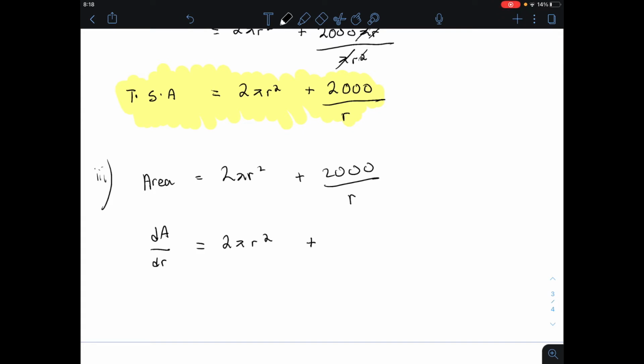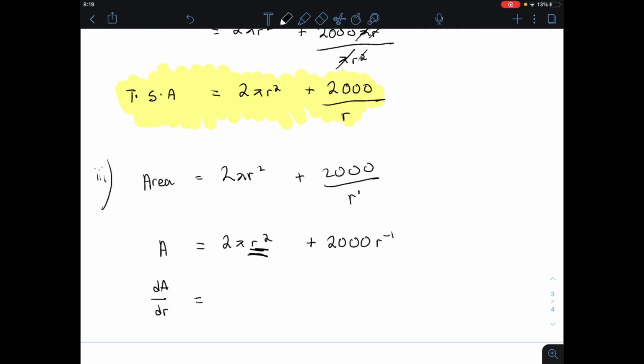First off, when deriving my equation, I'm going to move my value for r, which is on the denominator, to the numerator to make it easier to use the power rule. I can move any value from the denominator to the numerator by changing the exponent to a negative value. This gives me 2,000 times r to the negative 1. From here, I'm going to go ahead and derive it. dA dr is equal to just deriving with respect to r.